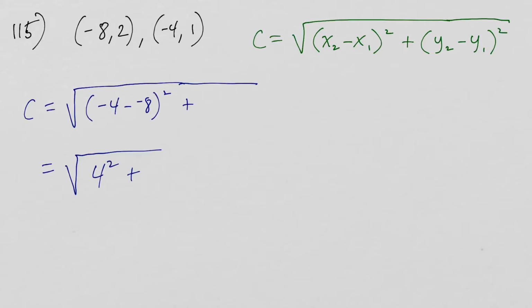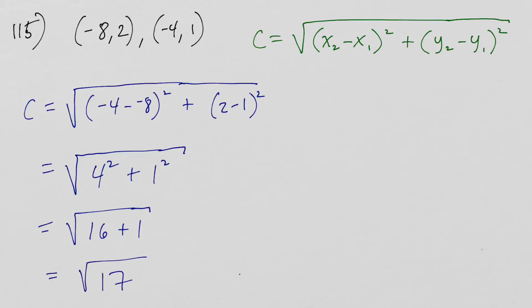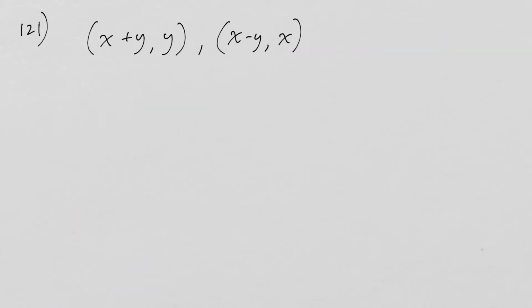Okay. For the y's, I have 2 minus 1 squared, which is 1 squared. So this is going to be equal to 16 plus 1, which is equal to the square root of 17. And that cannot be simplified, so that's just your answer. And you're done.